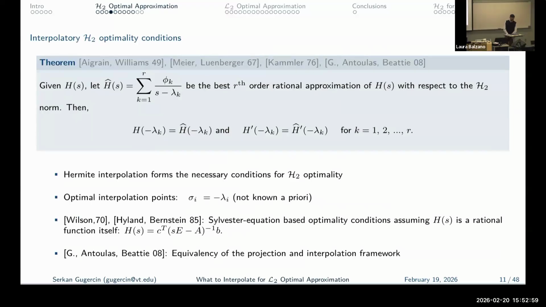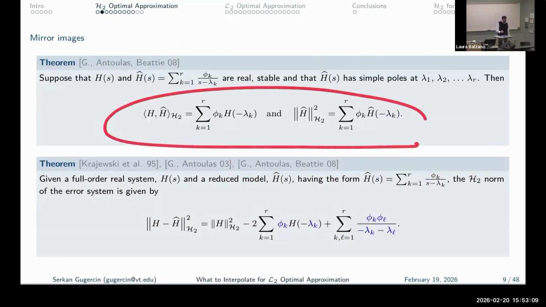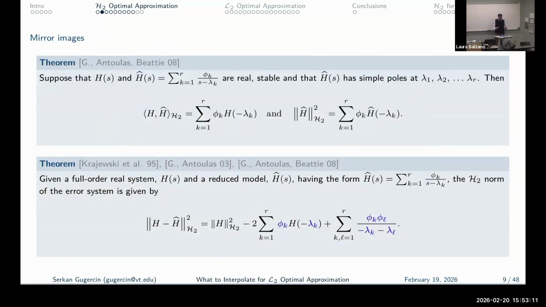Is there any intuition of why the mirror images are important for this? It's all in here, the inner product already carries the mirror. The intuition I can give you is the following. The poles are in the left half plane, so I am evaluating on the imaginary axis.